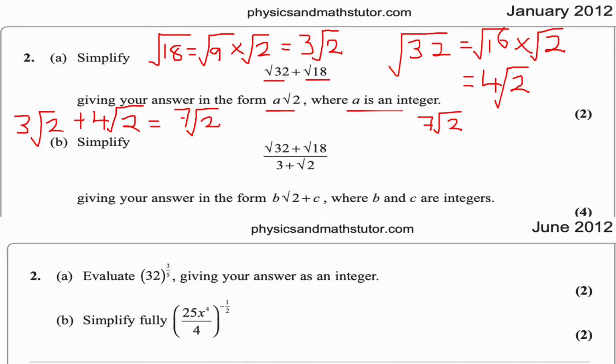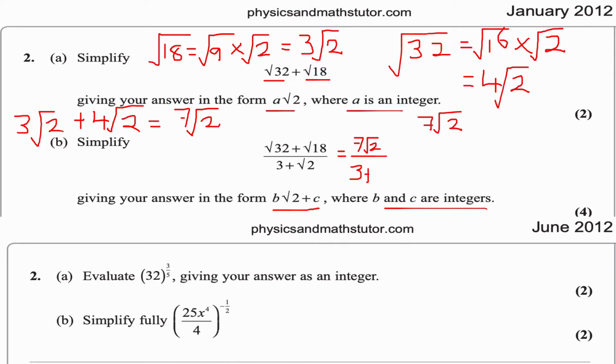Okay. Part B, simplify this surd, giving your answer in the form B root 2 plus C, where B and C are going to be integers. So integers means whole numbers, or negatives. Well, the numerator can be rewritten as 7 root 2 over 3 plus root 2.